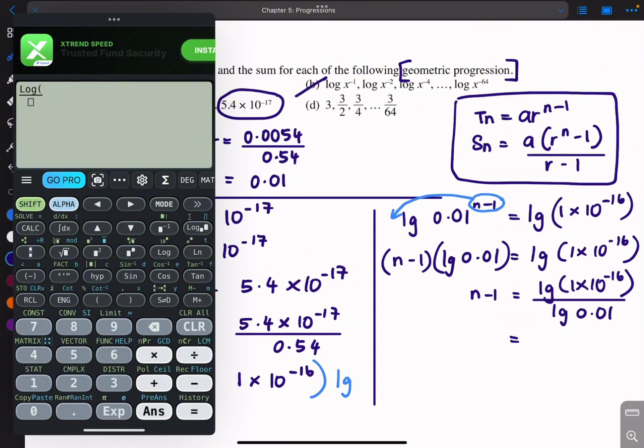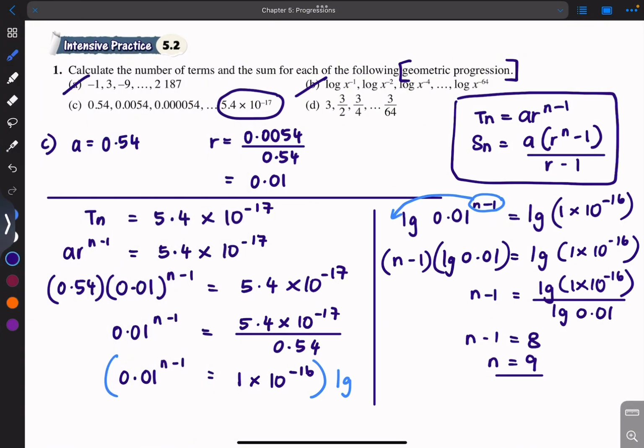Log 1 times 10 power negative 16 divided by log 0.01, we get 8. So if n minus 1 is 8, n will be 9. So we have 9 terms in this sequence.